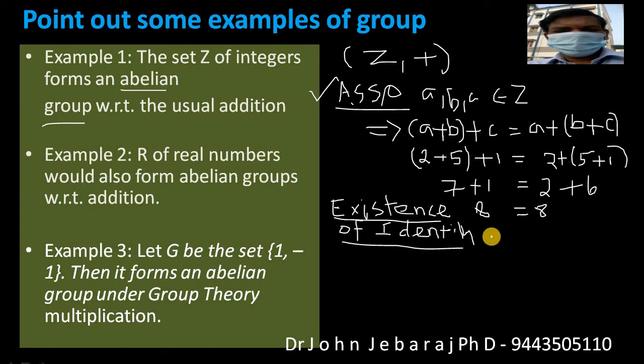So here there exists E belonging to Z, such that for all A belonging to Z, A plus E equals A, A plus the binary operation E equals A. It is true, am I correct? Yes, so what is that number? Can you tell me?